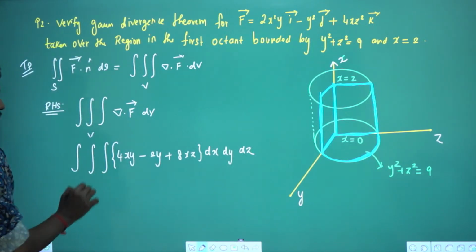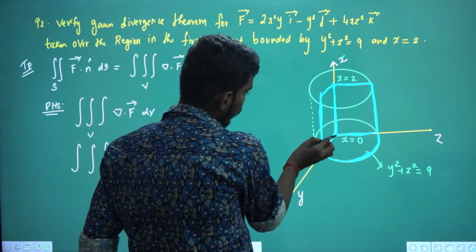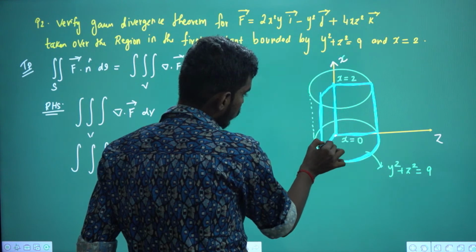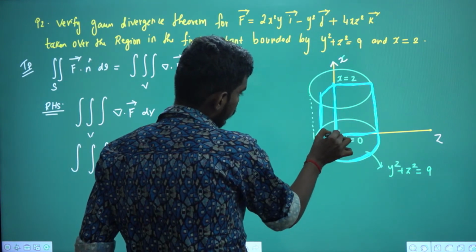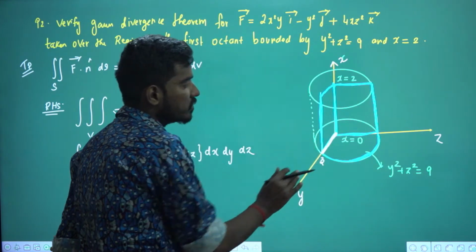See, we are doing only the first octant, right? Therefore y will not be, well, sorry. This is a circle, so this is the center, this is the radius. The radius is 3, so y varies from 0 to 3 alone.